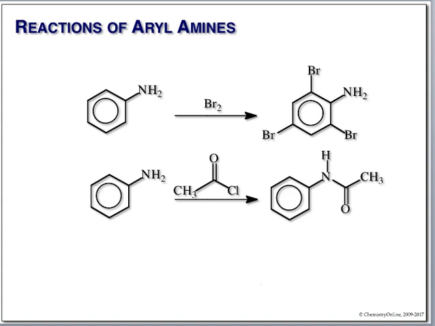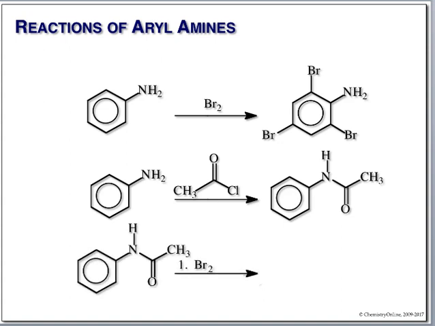So if you simply take this stuff and you do the bromination, you will very cleanly wind up with the 4-bromoacetamide. Once you have the 4-bromoacetamide, if you want to get back to 4-bromoaniline, all you have to do is hydrolyze off this group with a little bit of acid or base.